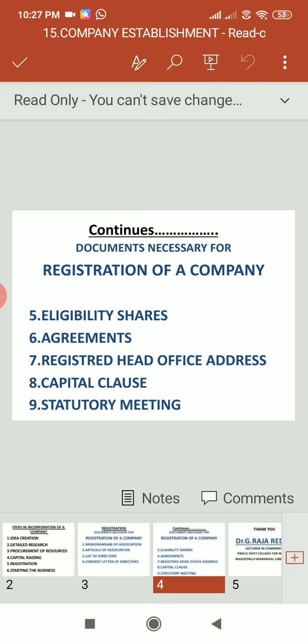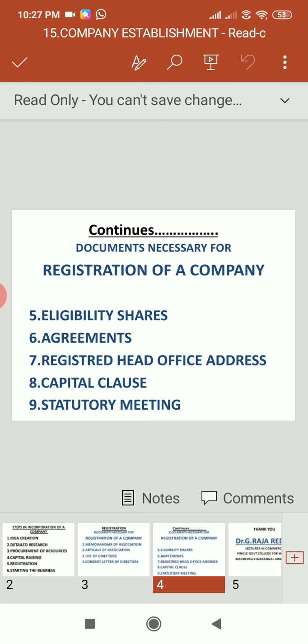Head office clause. Registered head office. Where is it? Location. Under which jurisdiction does it come? Under which court jurisdiction does it come? Which village? Which taluk? Which district? And which court does it come under? So, the registered office or head office clause. Capital clause. How much capital should be procured?